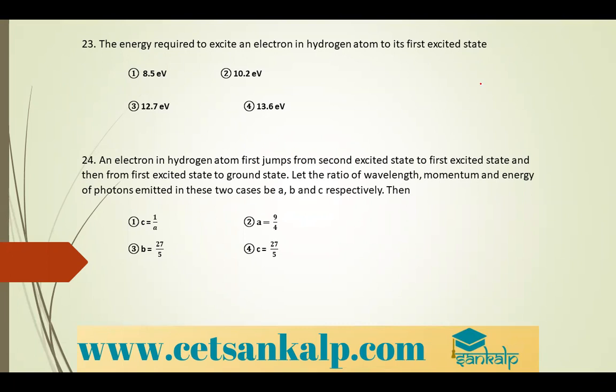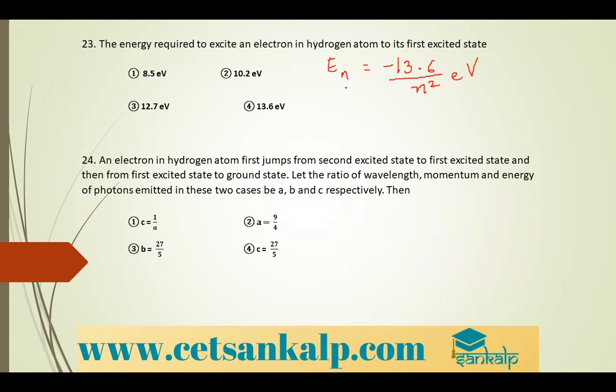In general, we have the energy level En is equal to minus 13.6 divided by n square electron volt.